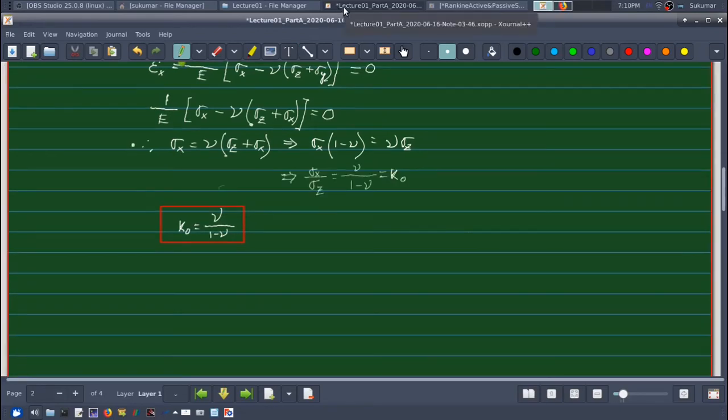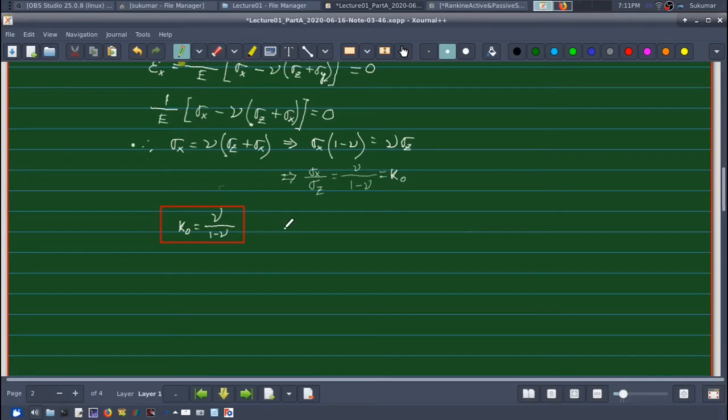Now as elastic theory is not strictly applicable in soil, the value of K naught obtained on the basis of nu or Poisson's ratio is not much reliable. So we use the empirical test results and the empirical relations given based on these test results for finding K naught, and they are believed to be more reliable.